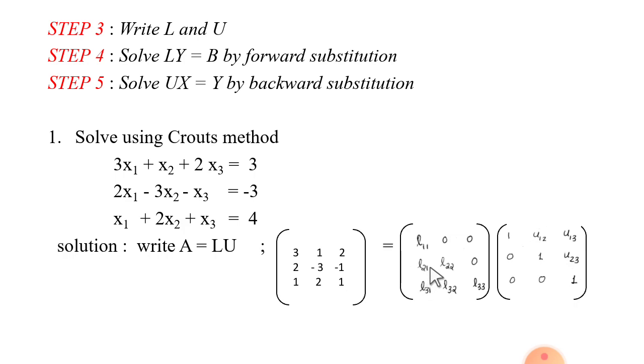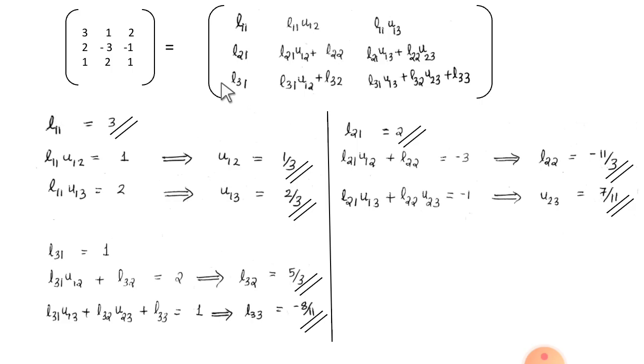In the next step, you have to multiply these two matrices. Then you will get a single 3 by 3 matrix like this. From this, you have to compare both these matrices and find out the values of these unknowns.